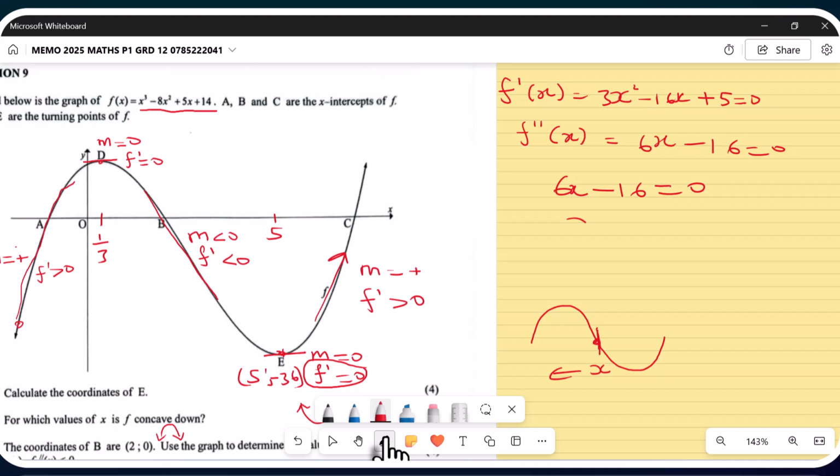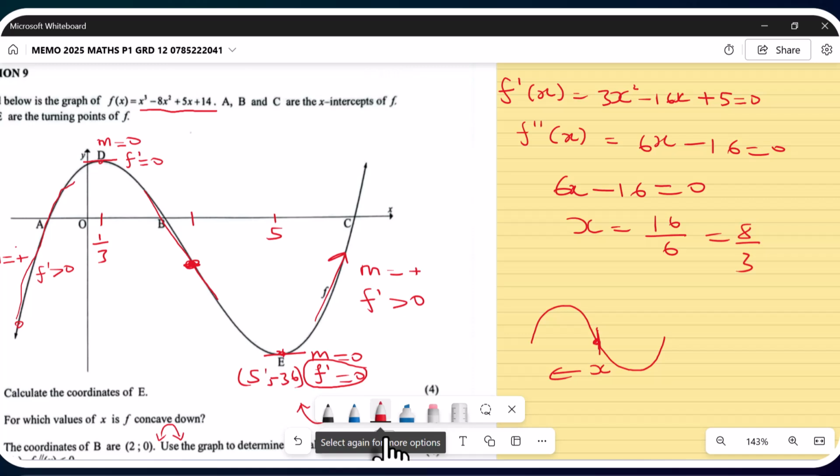Now it is somewhere here. The x here is 8 over 3. Now see, like I told you before, this is the shape of the cubic graph, which is pointing like this, and we say this is concave down.